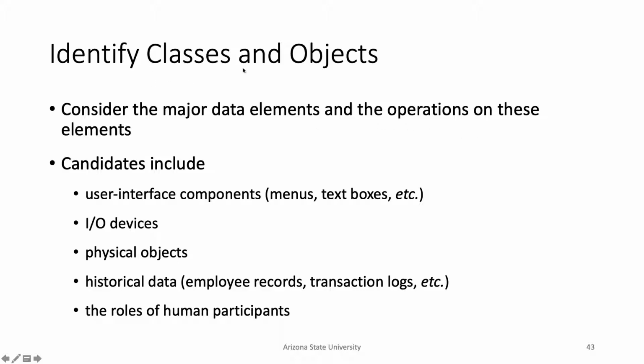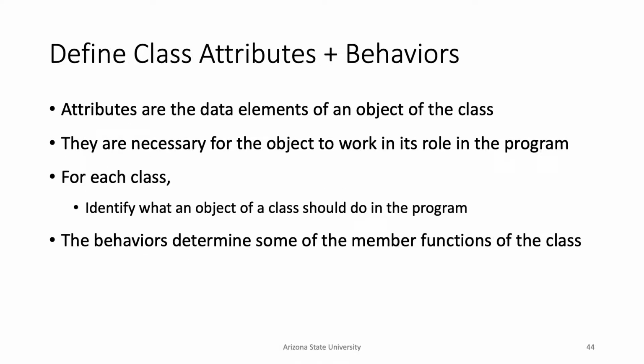So in looking at individual classes and objects, you need to think about what things are relevant to this object. So like for an ASU student, the name and ID come to mind. Those things are tied to a student, or a GPA, for instance. But other things are like user interface stuff, physical objects, data. So we're going to start arrays today, and so the data part will make more sense today.